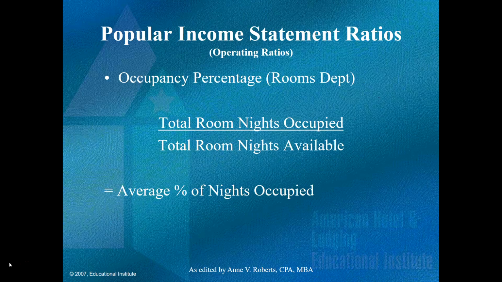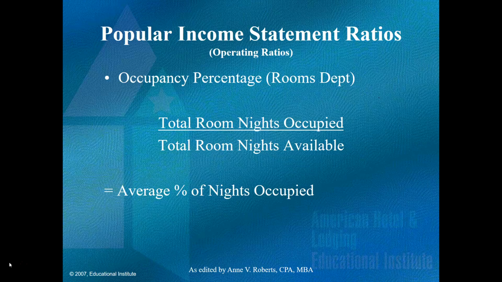Then we've got occupancy percentages. Again, room department only. So now we're going to take the comparison of the rooms available to the room nights occupied. What this gives us is an average percentage of rooms rented out.